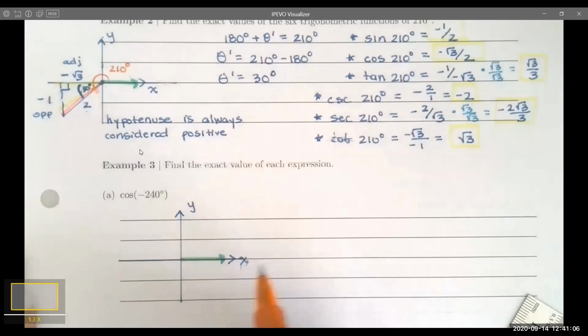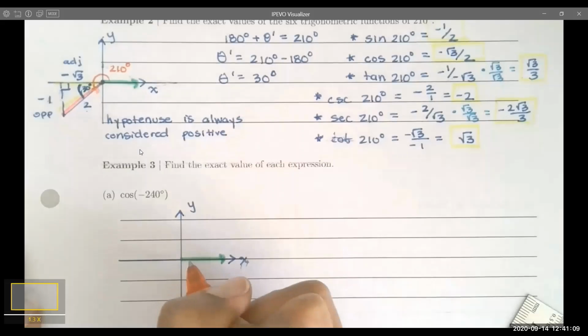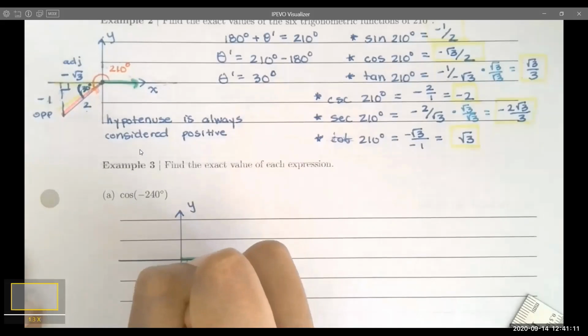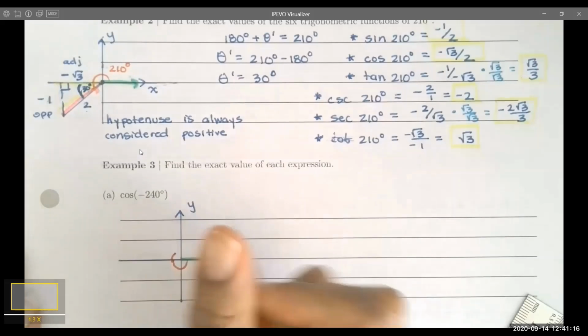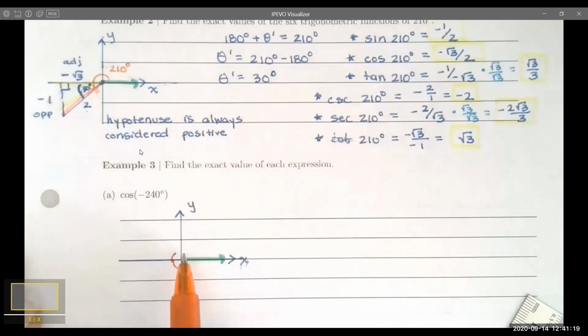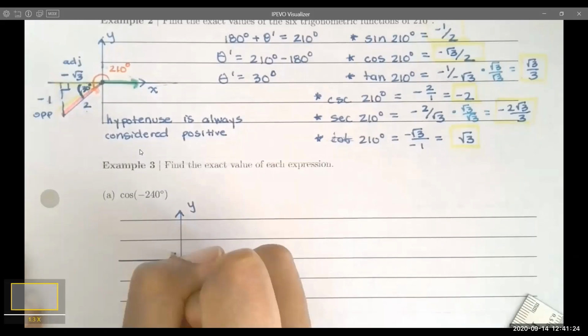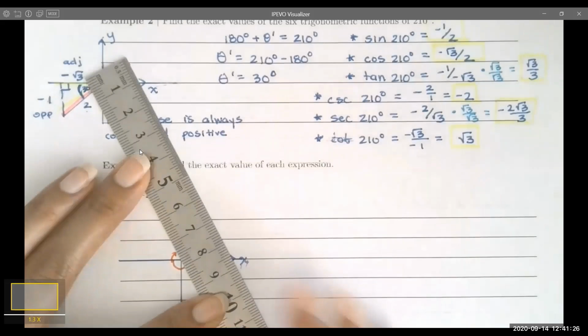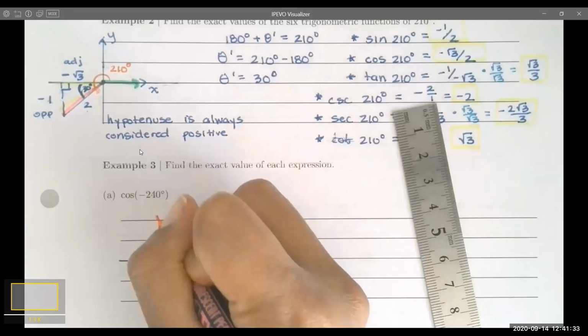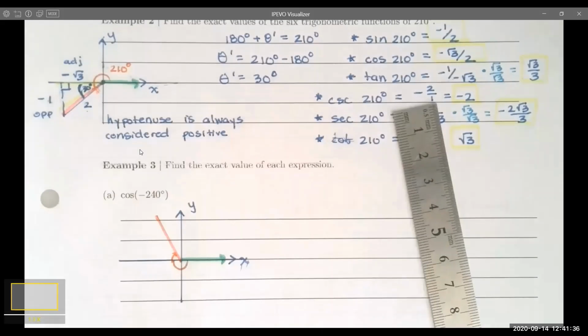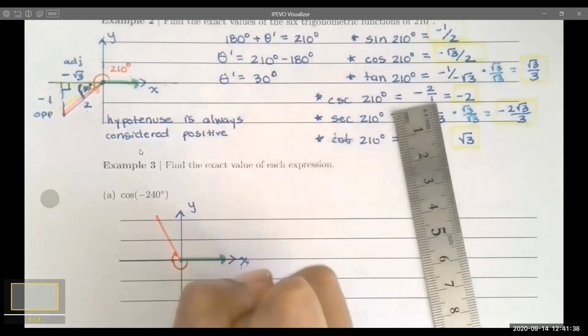To determine the terminal side, this is negative, so we open clockwise. This here would be negative 180, which means we have to continue, but not all the way to the y-axis, because that would be negative 270. Right, so we stop somewhere in quadrant number 2. So this is our negative 240 degrees.